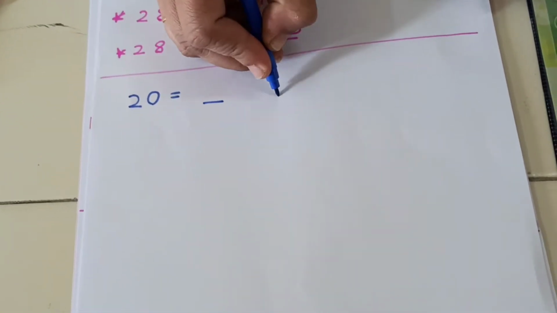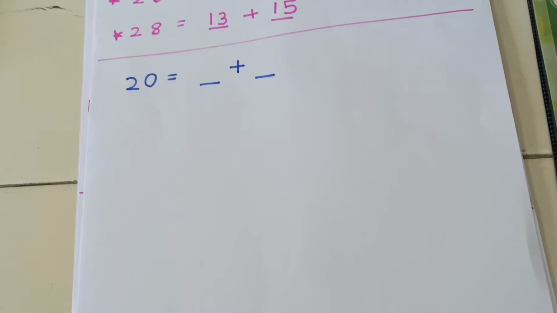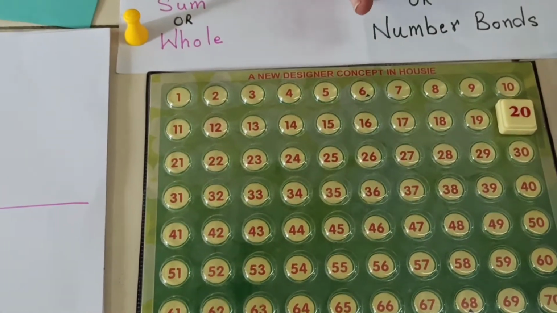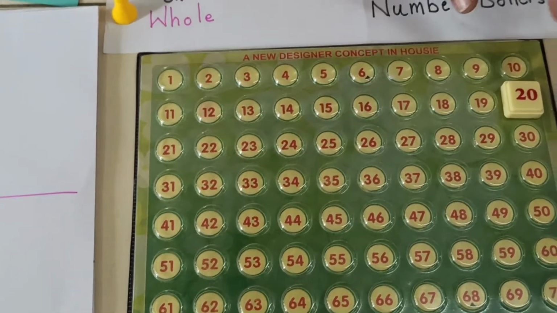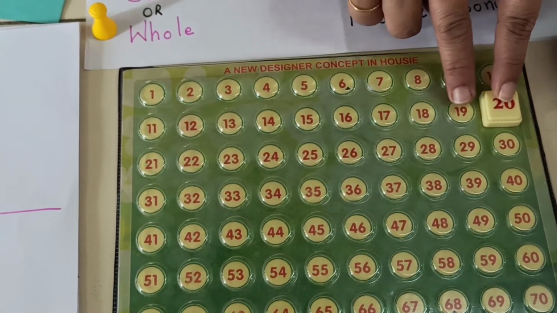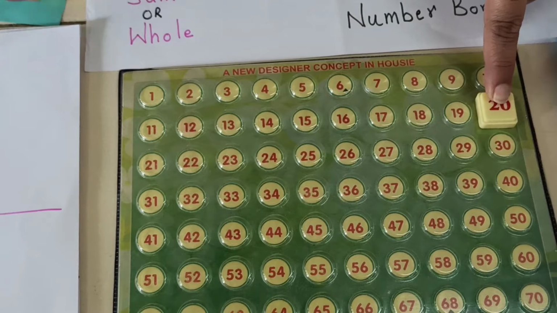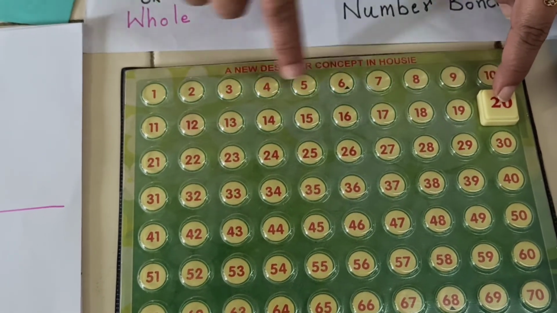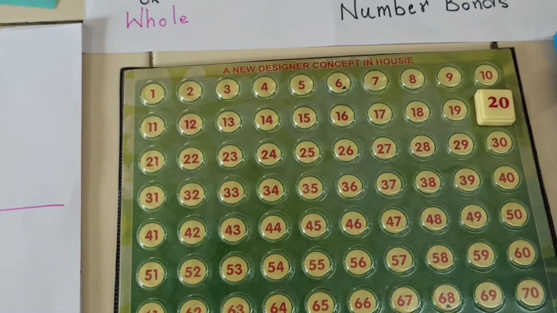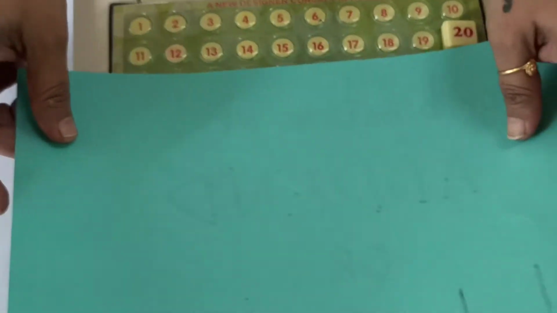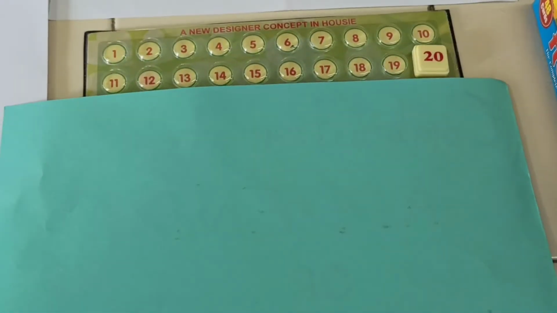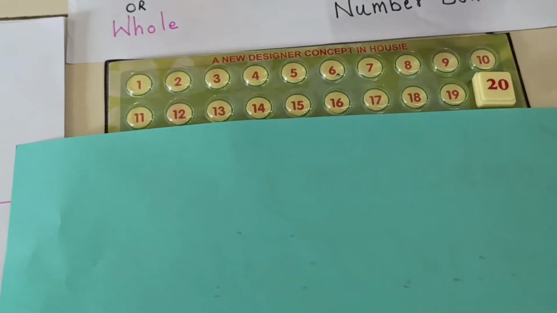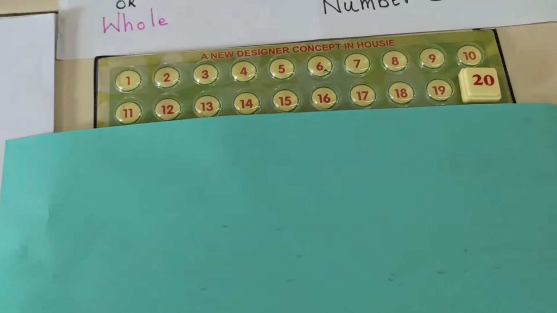And I have to find 2 addends. Now, remember the rule. It has to be equal to 20 or less than 20. That means I'll hide again the bigger numbers and I'm going to just observe these numbers so that it's easy for me to find the answer.